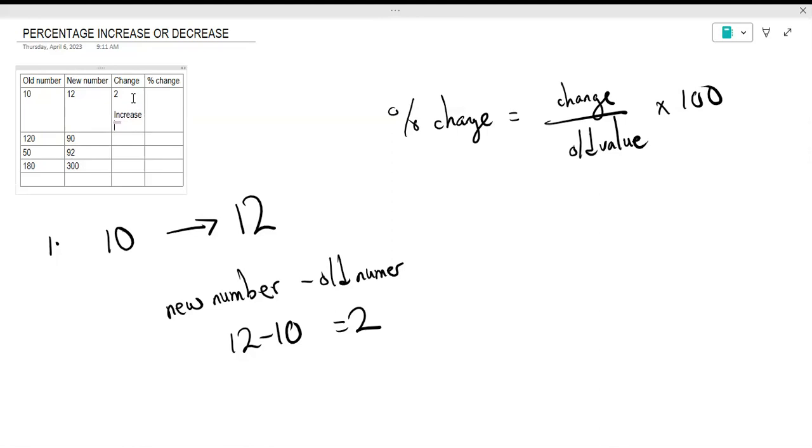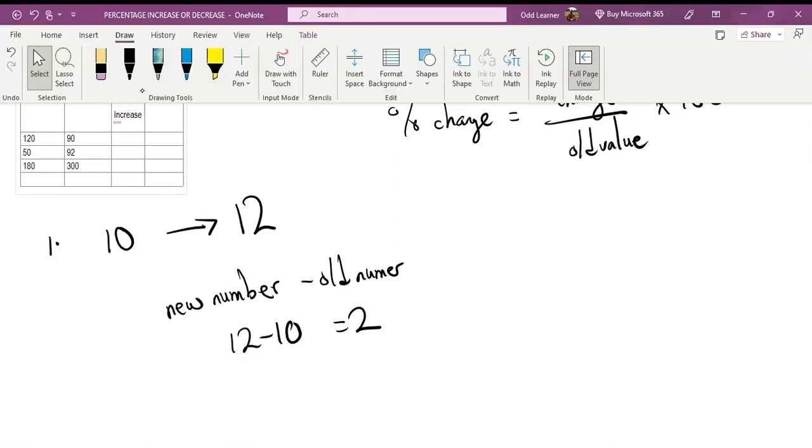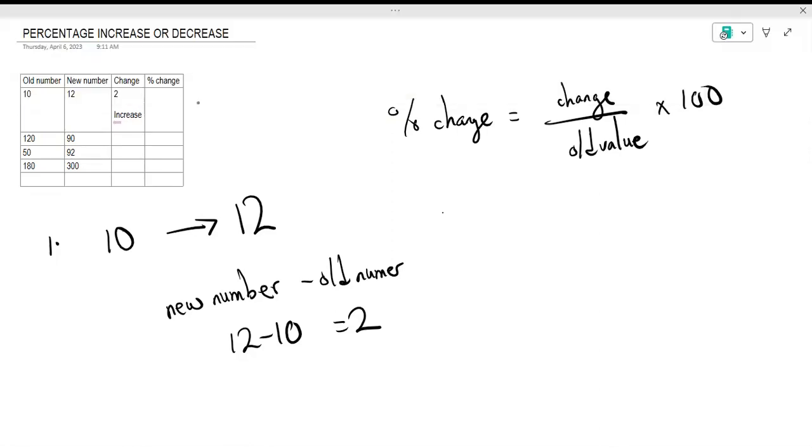Since we said change is equal to new number minus old number, you can also say percent change will be new number minus old number over old number times 100. So it's still the same thing, just whichever you want to do. You can do this first and then put your change over old value times 100.